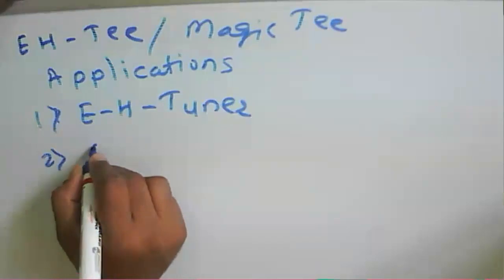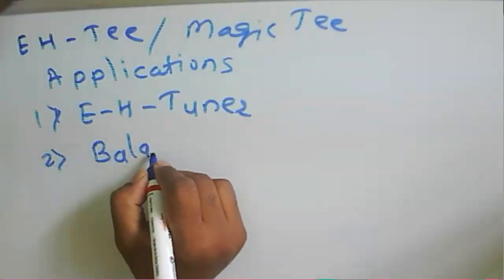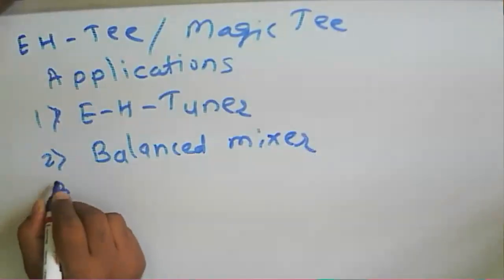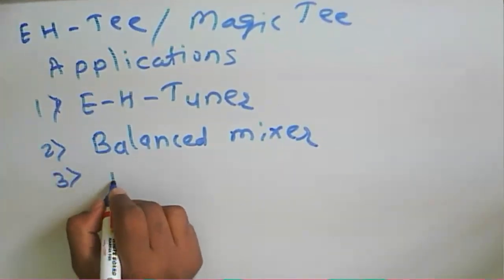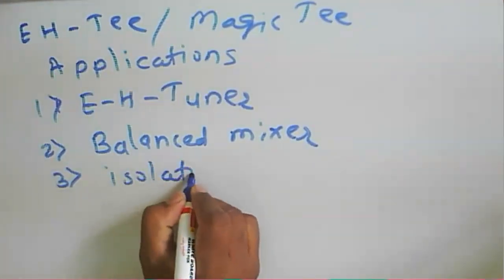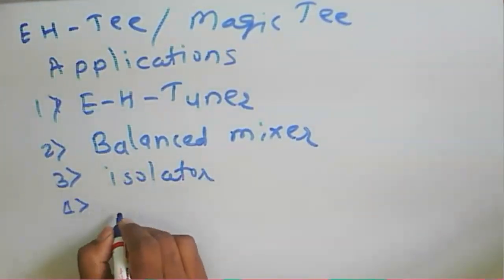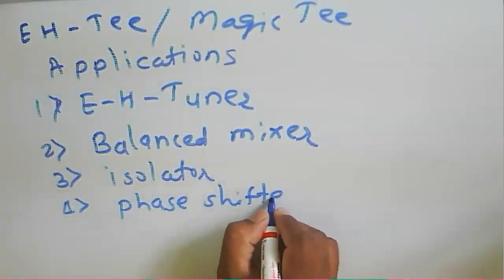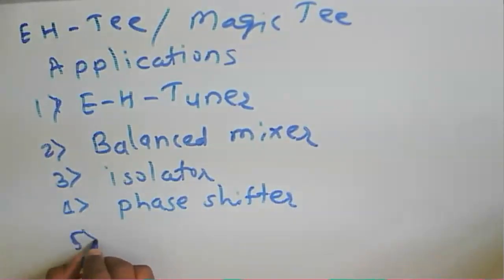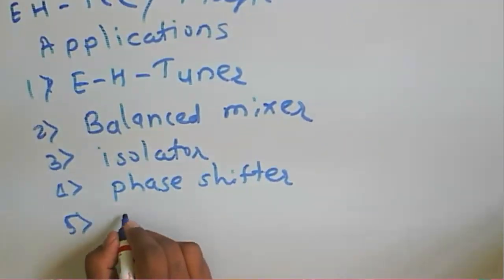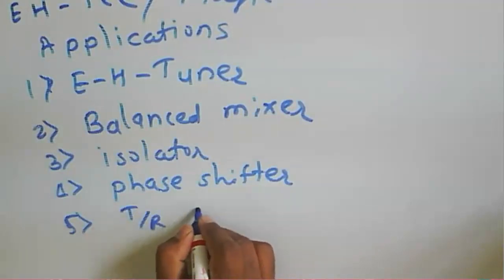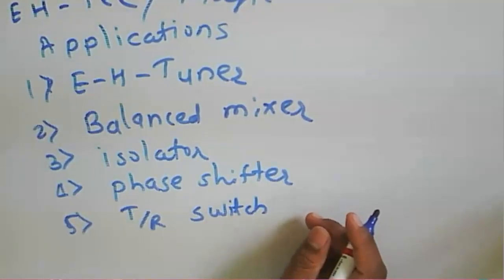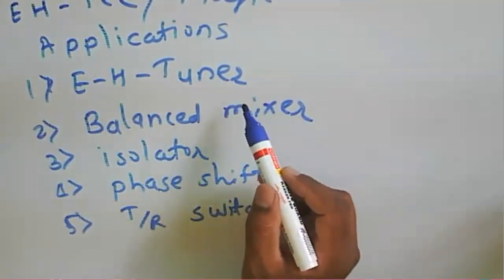Then we can use magic T in a balanced mixer. We can use a magic T as an isolator. We can use a magic T as a phase shifter. We can use the magic T as a transmitter-receiver switch.